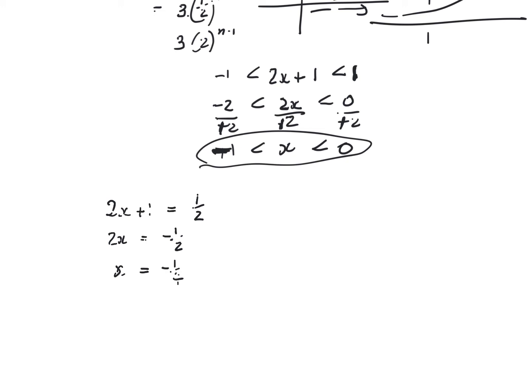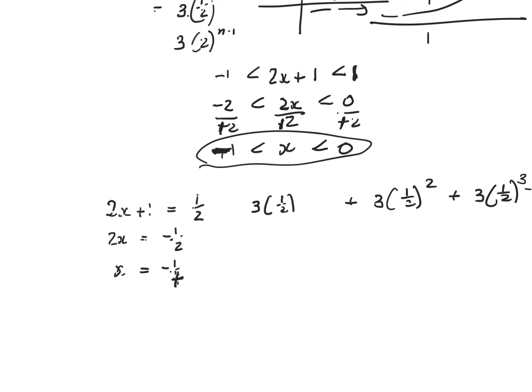Okay, I can then take that negative a quarter and I can sub it back into the first three terms and get 3 times a half plus 3 times a half squared plus 3 times a half cubed.